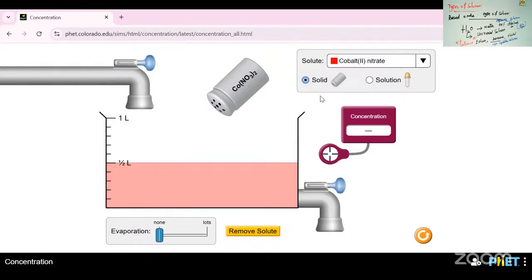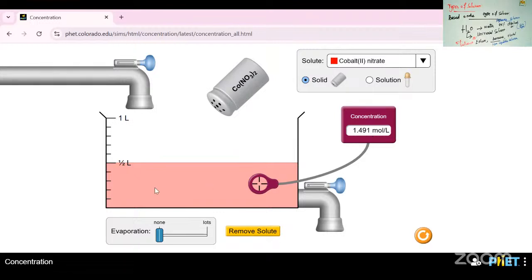Now we identify the concentration of the solution. The concentration is 1.491 mole per liter. This is the unit.